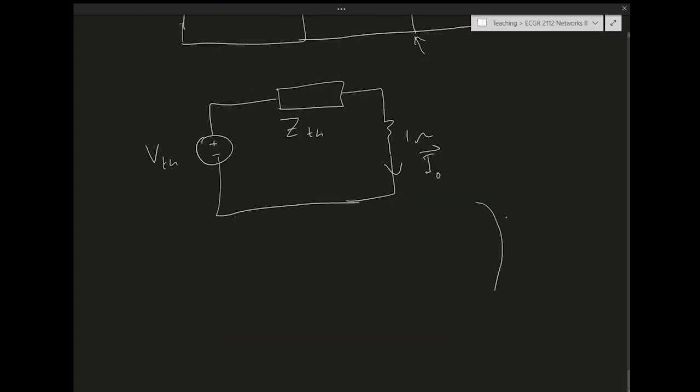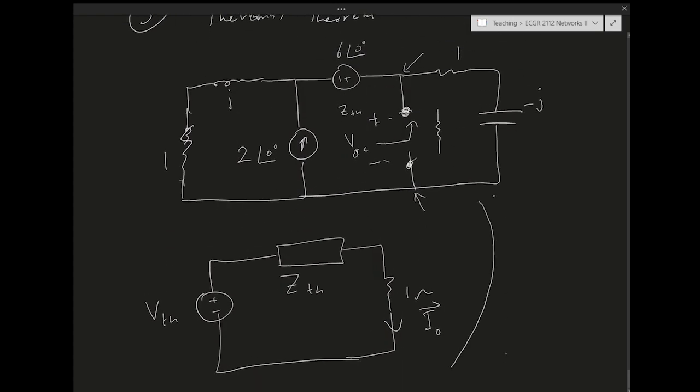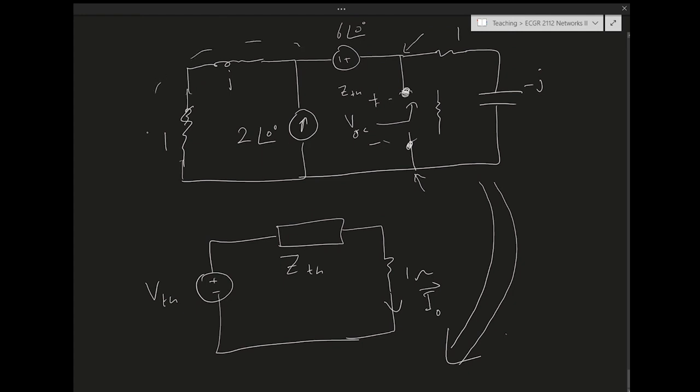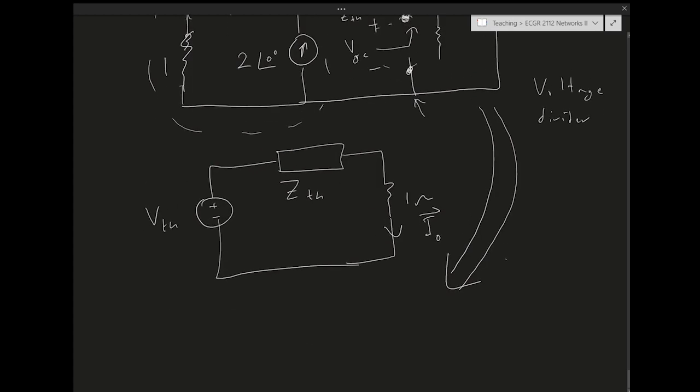We can look at this circuit and apply the source exchange here to get a voltage source, and then we can easily combine the voltage sources and then apply a voltage divider to get VOC. That kind of simplifies the analysis a bit.